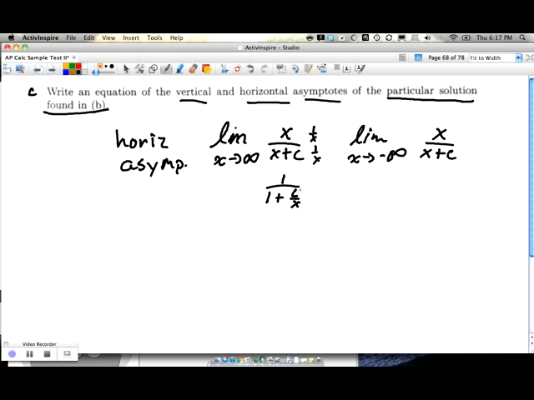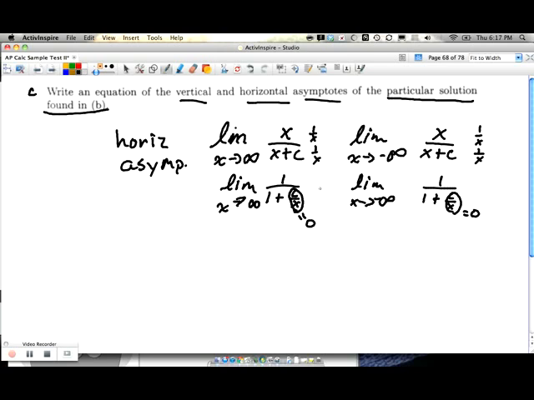As x goes to infinity, this little piece c over x becomes so small that it equals 0, and similarly for negative infinity. That means the limit as x approaches infinity, or negative infinity, is equal to 1. So my horizontal asymptote is equal to 1.